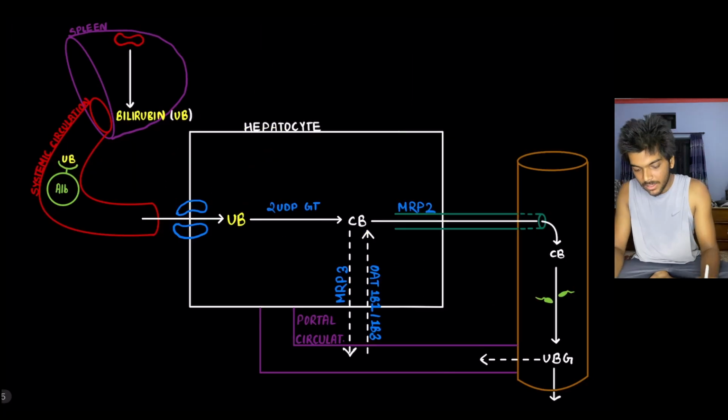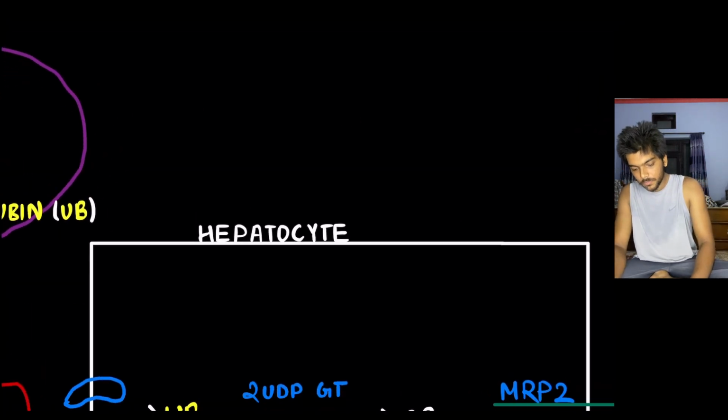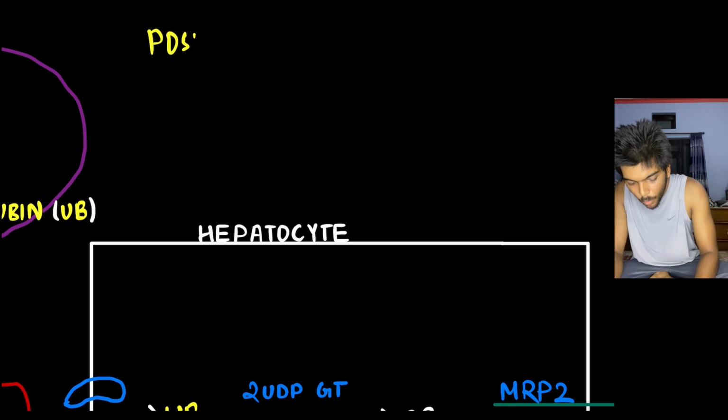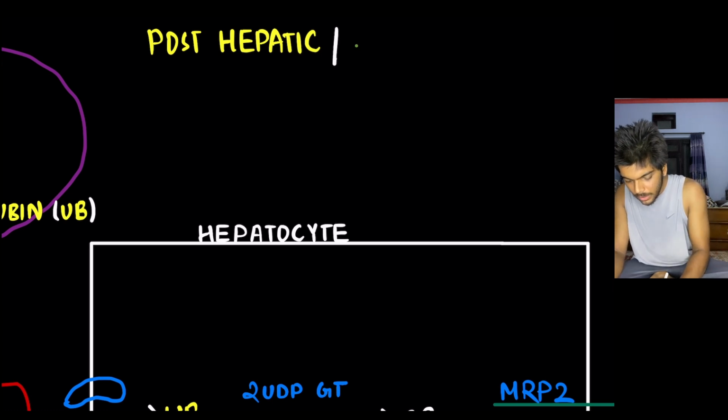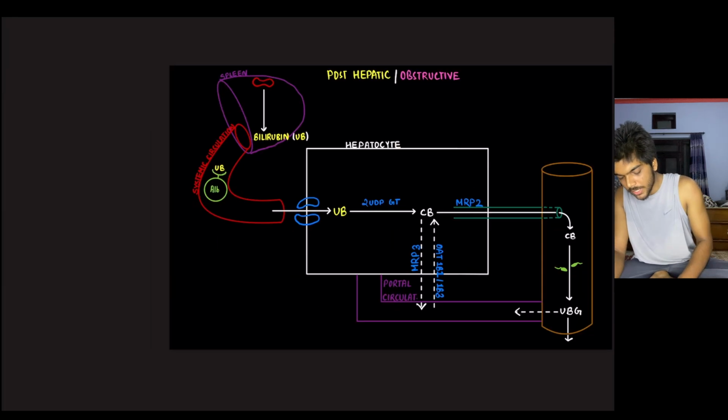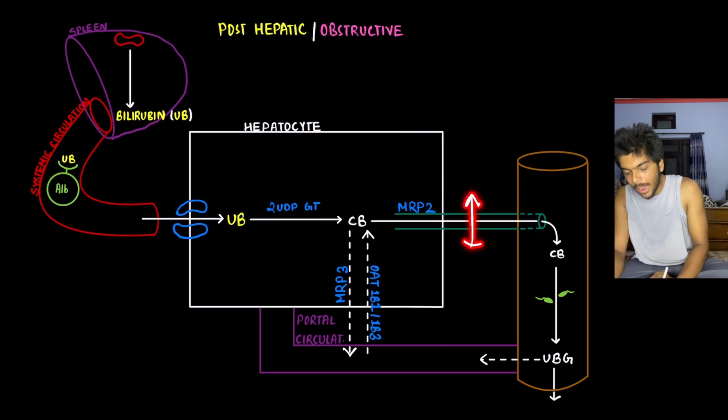Okay, the final type of jaundice, that is the post-hepatic or obstructive jaundice. Okay, this is due to obstruction in bile flow.